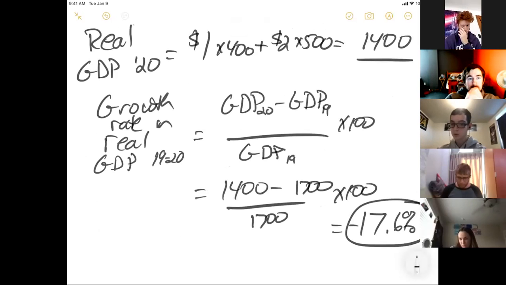And once again, this coincides with our intuition, right? We should be finding that real GDP went down because we know that this country's worse off. We don't find that if we just compare nominal GDP because inflation biased our results.